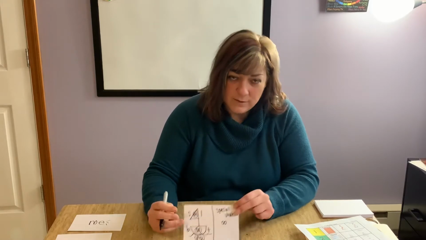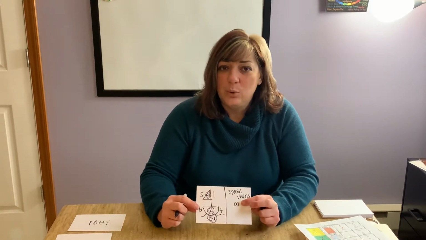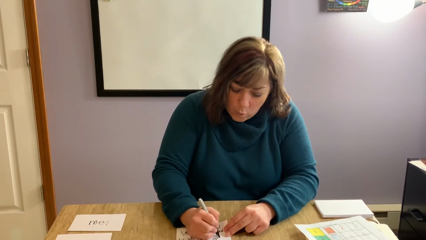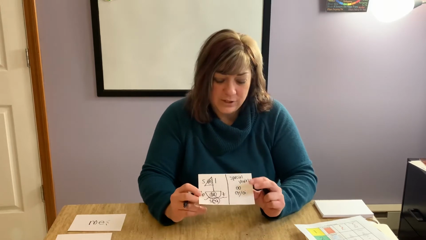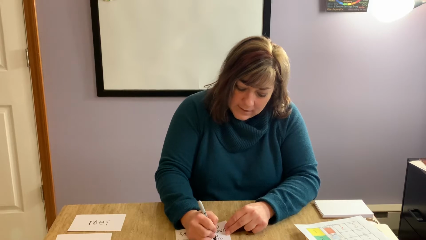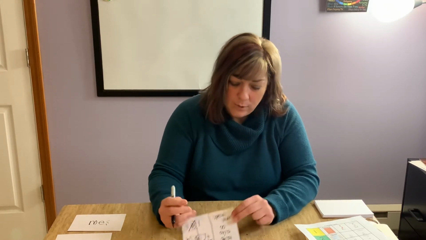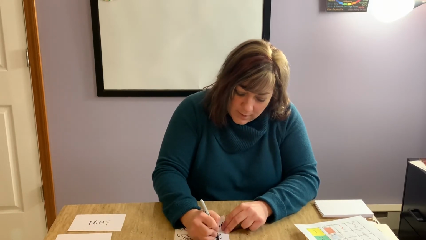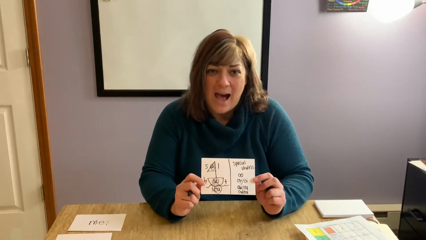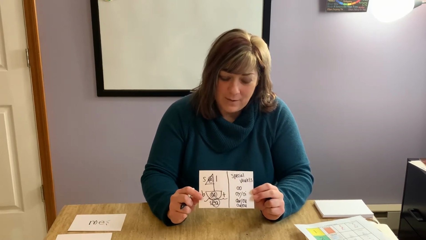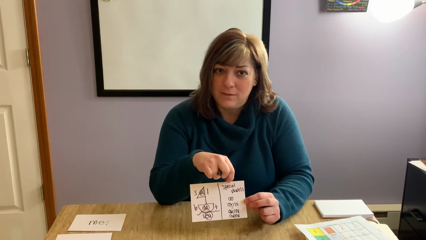Examples of those letters would be the 2 O's that say oo, that can also say as in book, or the OY and the OI, which say oi, or the AW and the AU, which say aw, or the OW and the OU, which say ow. So these are our vowel teams where the 2 vowels are working together, but they're going together to make a brand new sound. So we call those the special vowel teams.